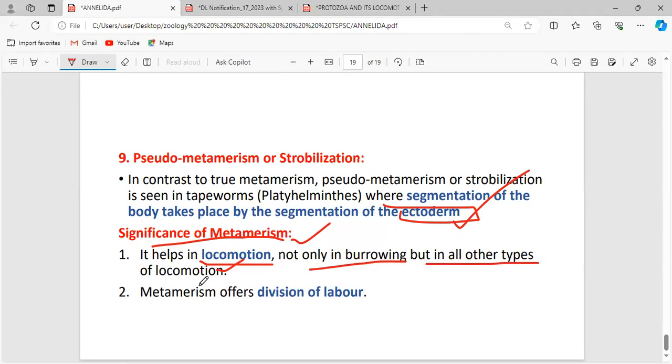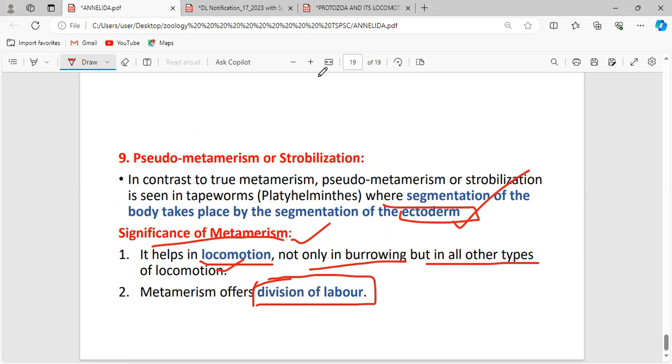So metamerism helps in the process of locomotion. Metamerism also offers division of labor, because each segment has a respiratory organ, excretory organ, and coelomoduct. So each structure is destined to do its own function. Clear? So this is said to be a division of labor.